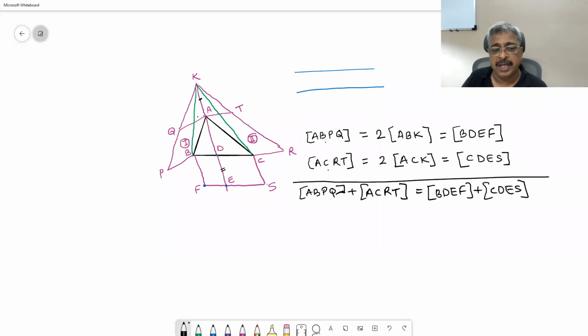However, BDEF and CDES add up to BCSF, and hence Pappus theorem is true.